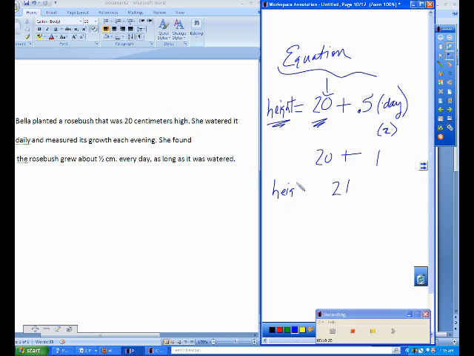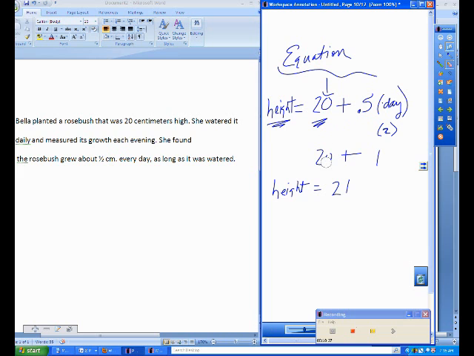That means the new height would be 21. Okay, so this looks right for sure. Whatever our height is, it's equal to the original amount plus 1/2 of a centimeter, which is what it grows every day, times the number of days that it's allowed to grow.